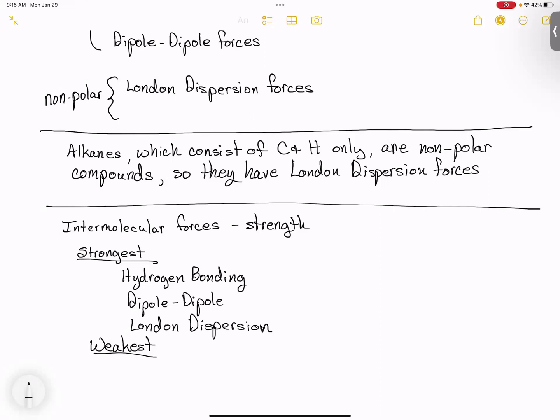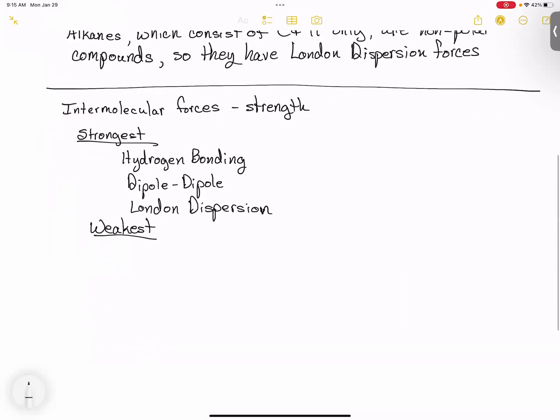Now, if we're talking about a solid, and we want to melt it to form a liquid, what has to happen?